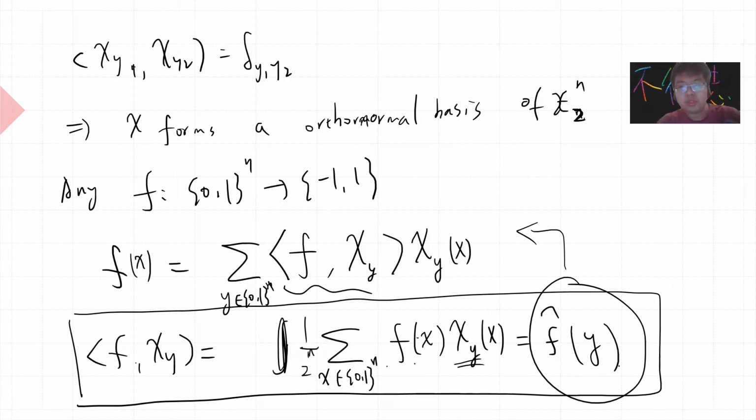In terms of group representation, this is a larger framework that you can unify. If you know group representation and have some background, it should not be difficult. So this is the Fourier transformation of a Boolean function.